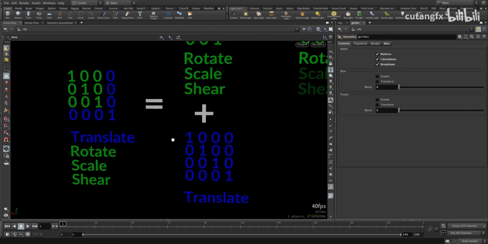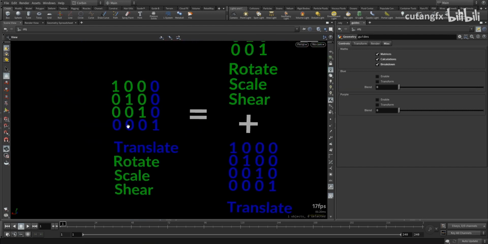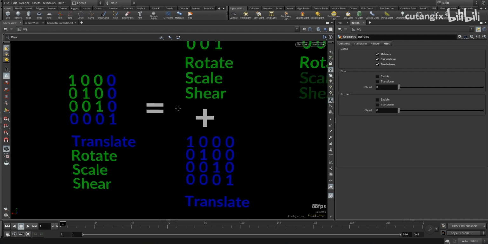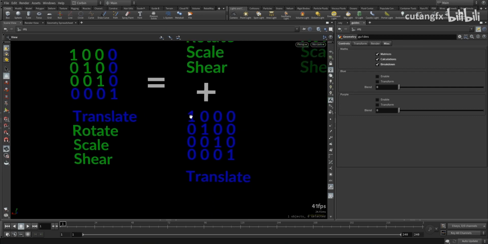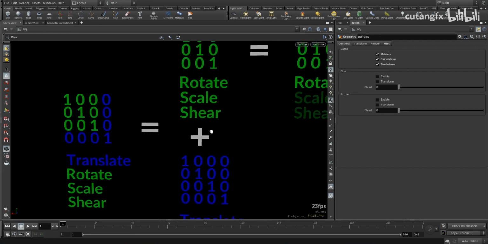So here's our 4x4 matrix, which is translate, rotate, scale, and shear. Okay, but actually this is made up of a translation matrix, which is a 4x4 matrix, added to, and now remember, when we say add, I actually mean multiplied by, because they're matrices.